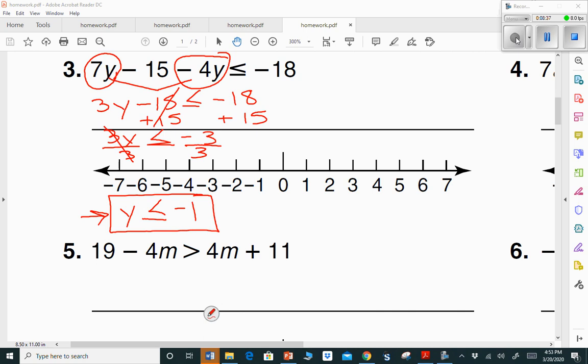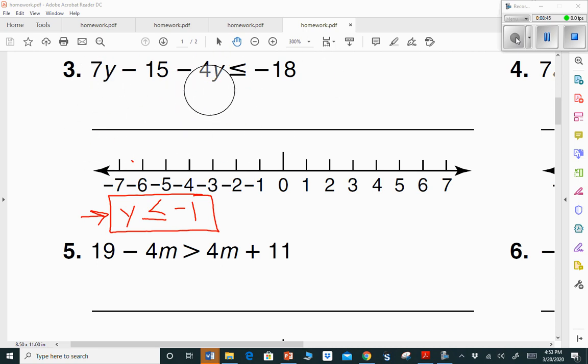And then here we're supposed to graph also. Sometimes they don't ask you to graph, but on this one they are asking you to graph. So we're going to put a circle on negative 1. Our y's over here on the left where we like it, so this points the way. Draw an arrow in that direction, less than.